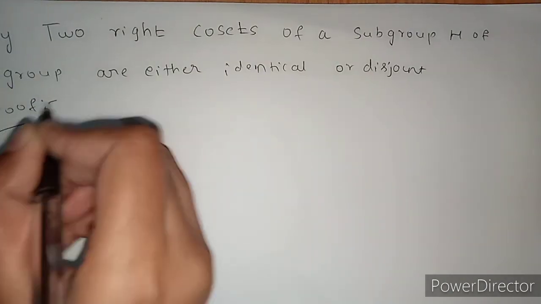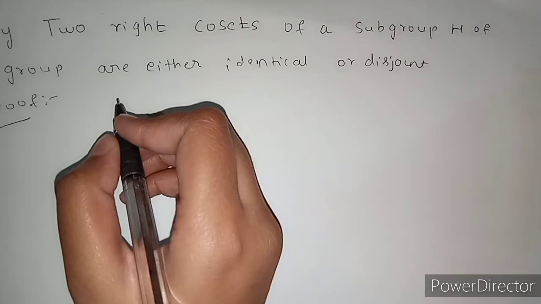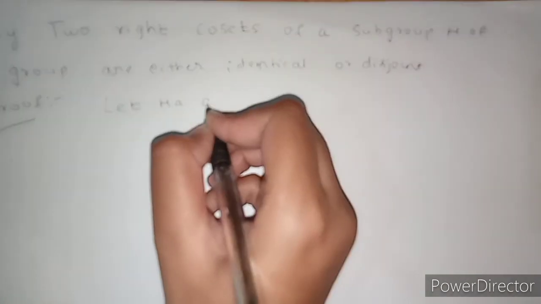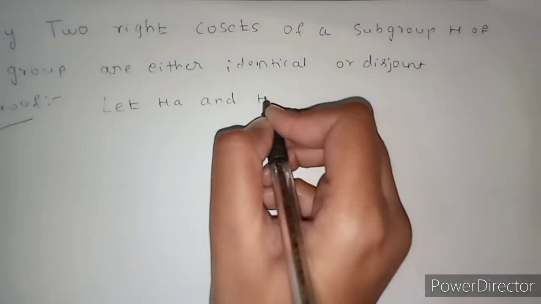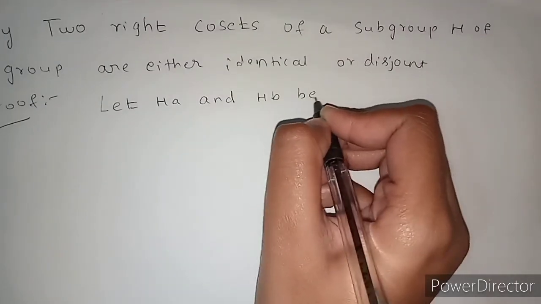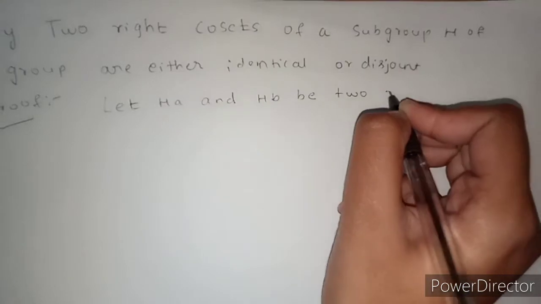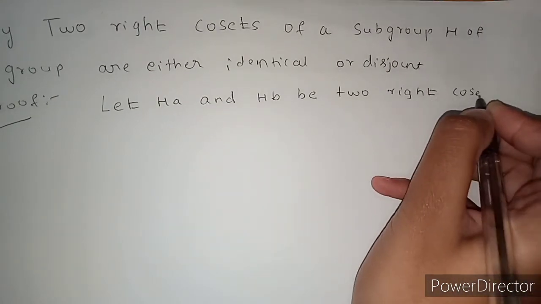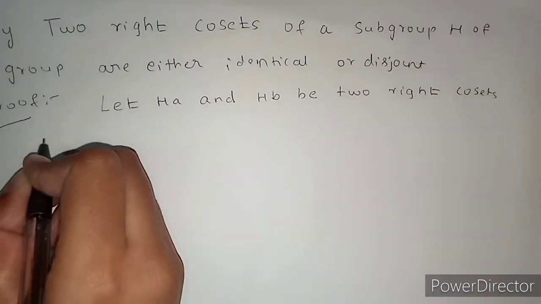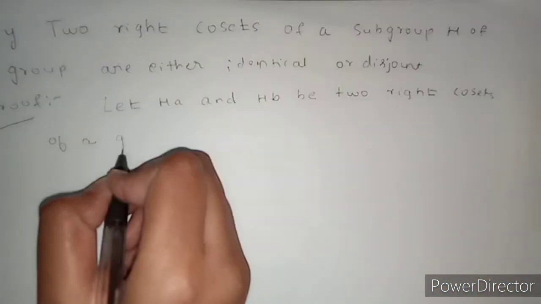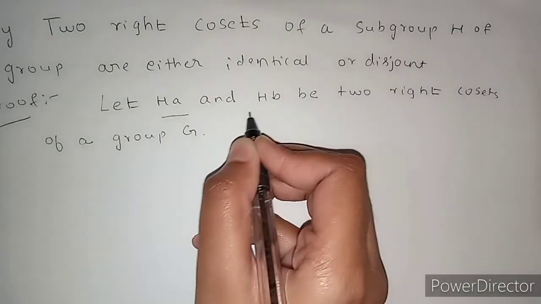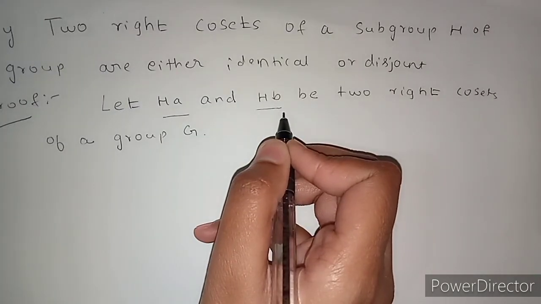First, let us consider Ha and Hb as two right cosets of a group G. So, I am considering Ha and Hb as two right cosets.